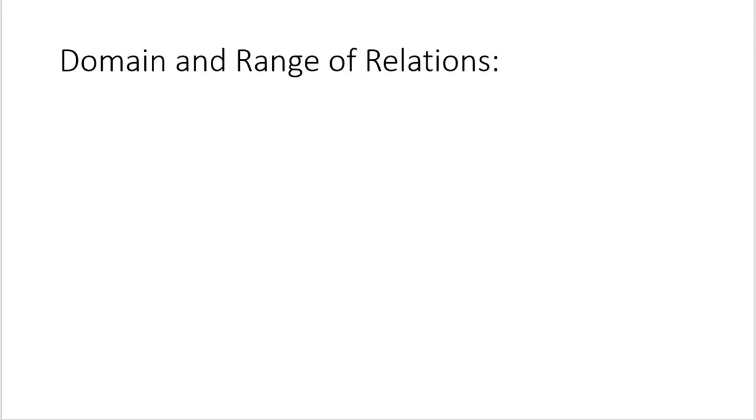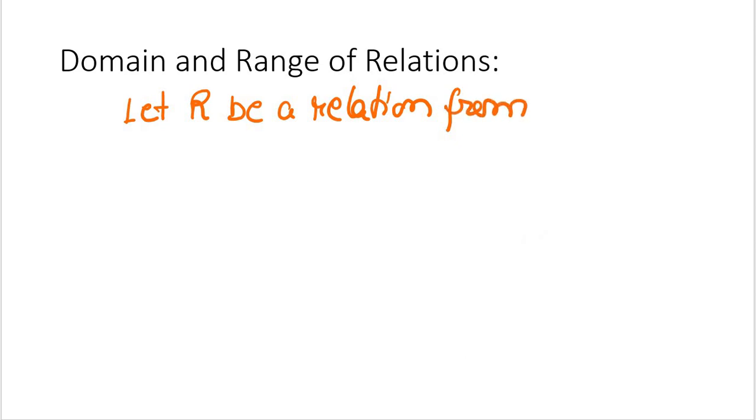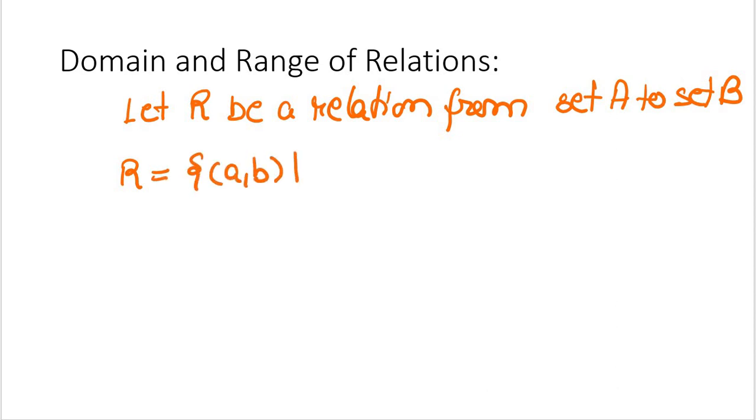Now let R be a relation from set A to set B. Then what we are going to write is R equals to small a comma b, such that a exists in A and b exists in capital B, and we have a R b.